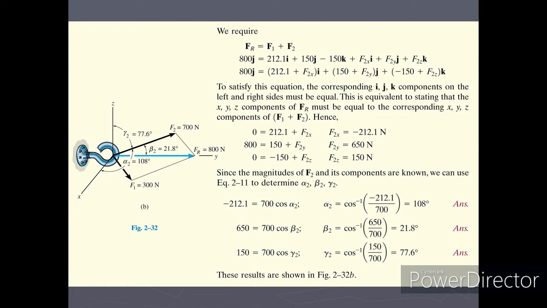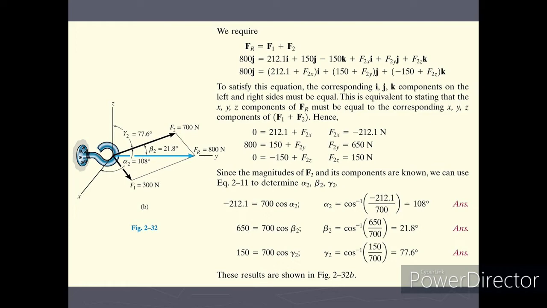Now, we know the magnitude of F2, right? It's given from the problem, 700. We now know this one, isn't it? Is that clear? So we can divide this by that, and then get, because what it means is that cos alpha is just equal to F2x over the magnitude.